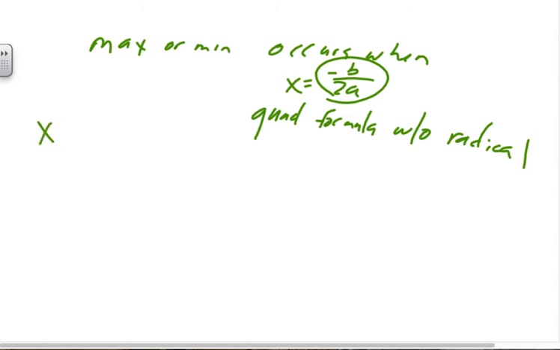x squared plus 4x plus 3. A is 1. B is 4.